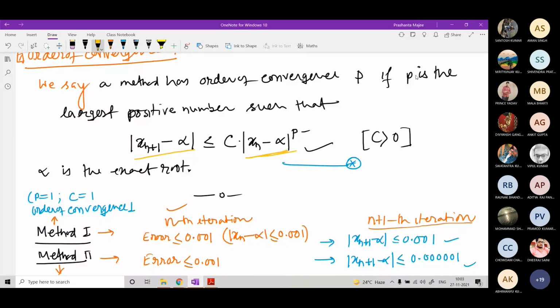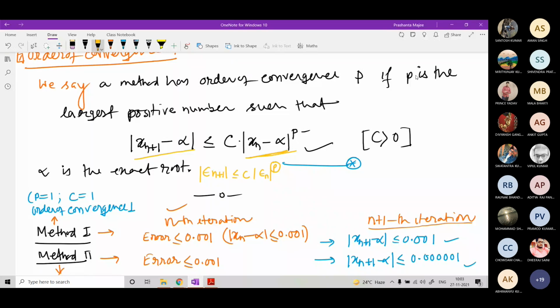So if the error in the n plus 1th iteration is less than or equal to c times the error in the nth iteration to the power p, then that p is called the order of convergence. This relation has to be true for all n.